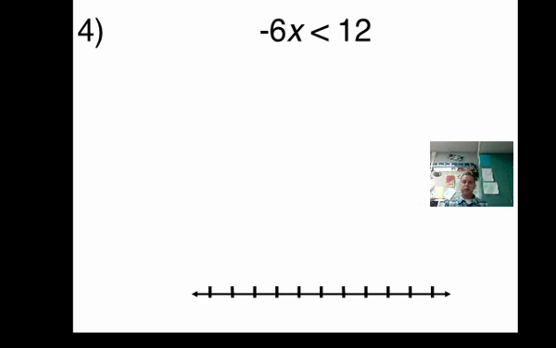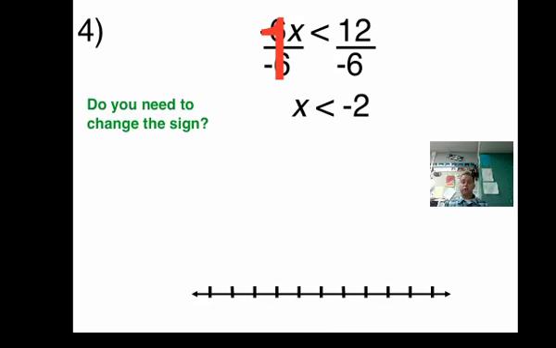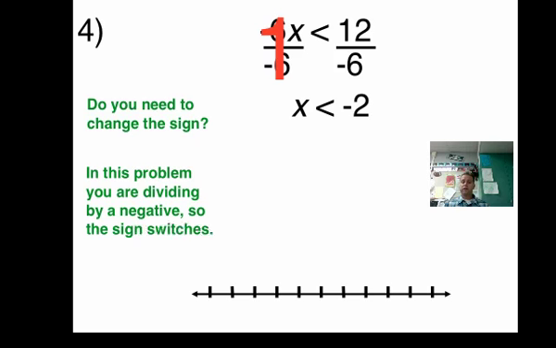Okay, there's no step 1, no step 2, no step 3, no step 4, just step 5. They're multiplying by negative 6, so we're going to divide both sides by negative 6. Anything over itself is a 1. Do we need to change the signs? Did we multiply or divide both sides by a negative? Yep, we divided by a negative, so we're switching the sign.